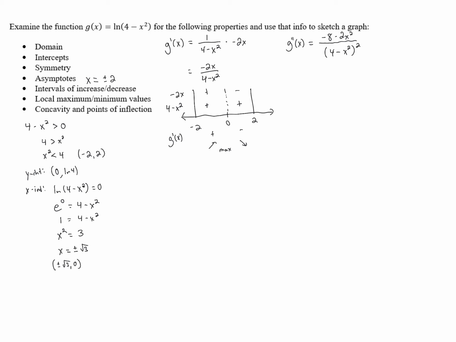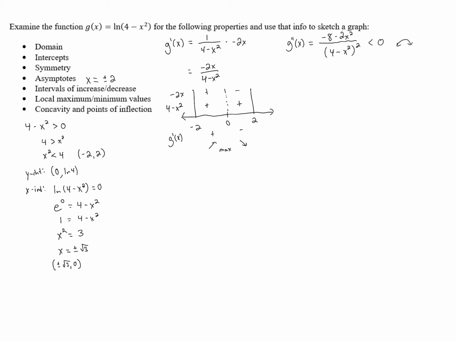The denominator is always going to be positive, and the numerator is always going to be negative. So this is always going to be negative on our domain. This is always going to be less than 0, which means it's always concave downward. We don't even need to make a sign chart there.